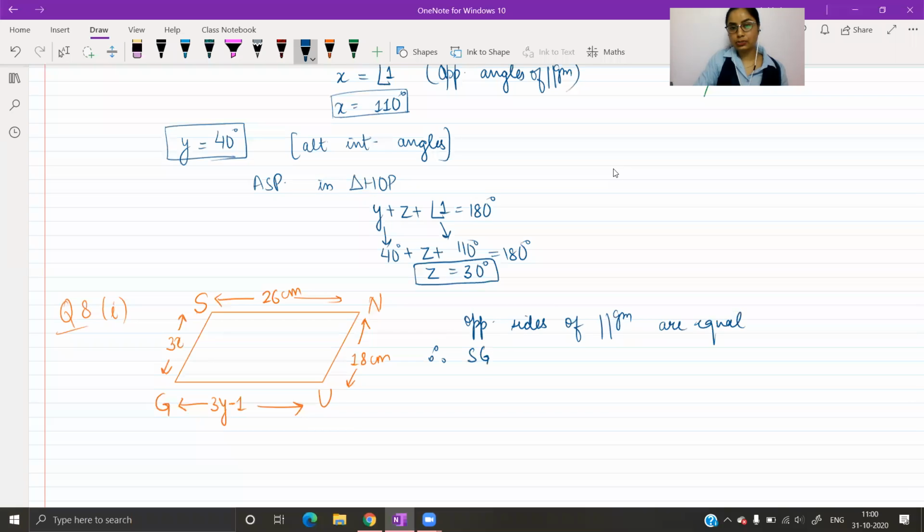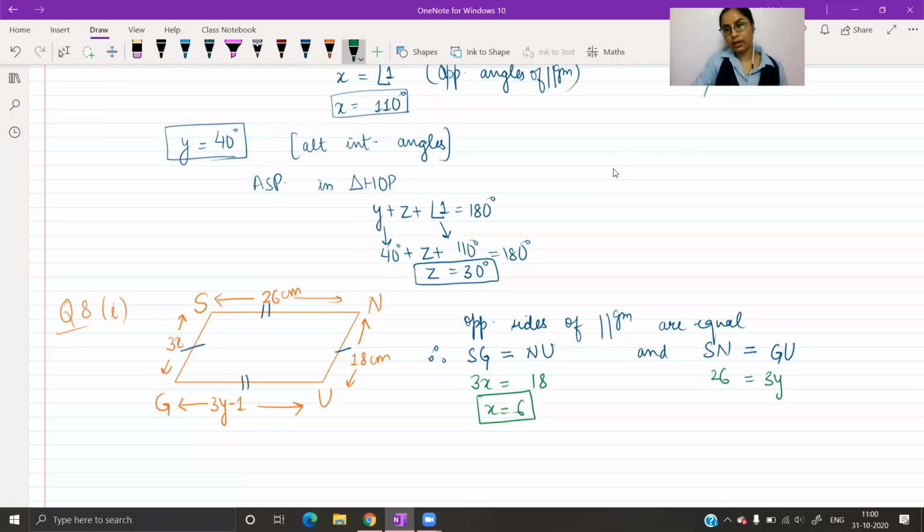Therefore, SG will be equal to NU and SN will be equal to GU. You can even mark them, and then use their values to solve. SG is 3x, NU is 18, x comes out to be 6, and from here 26 equals 3y minus 1.